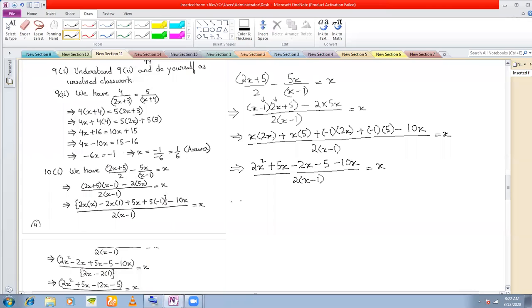Okay, I simplify. 2x square plus 5x minus 2x will give you a plus 3x. Next plus 5x, and you have a minus 2x and minus 10x. Okay, so let me just write this.